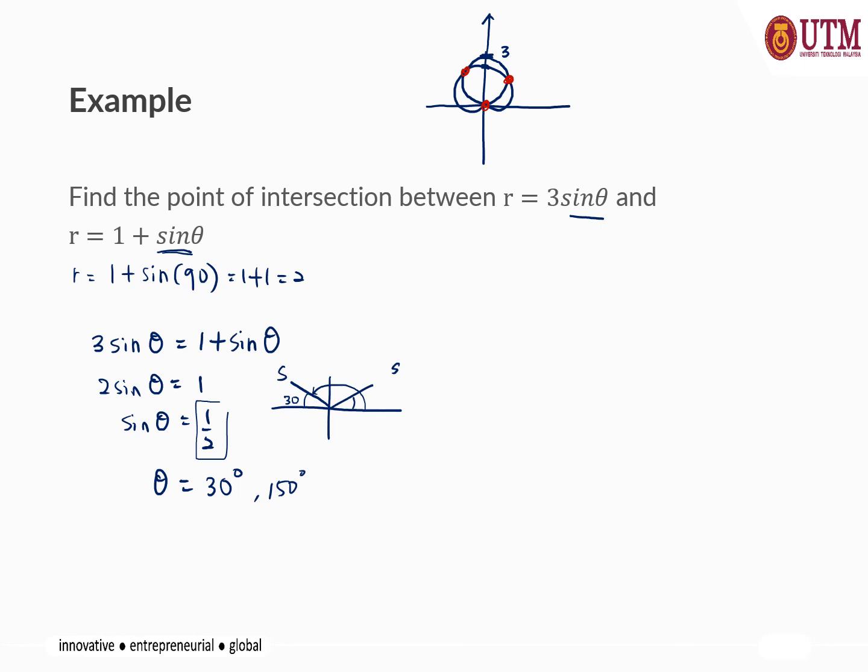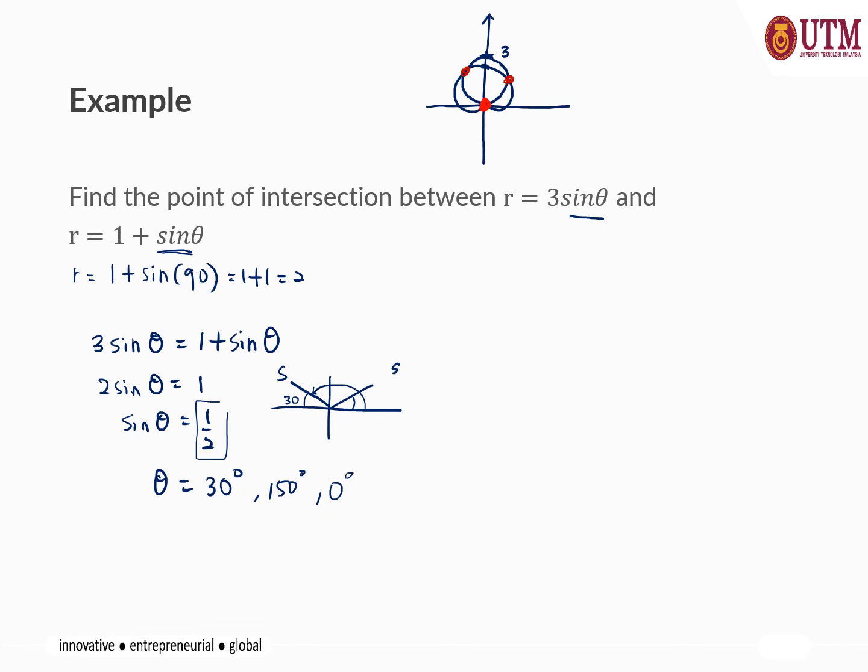So the other theta would be equal to 0. Why? Because it refers to this point.